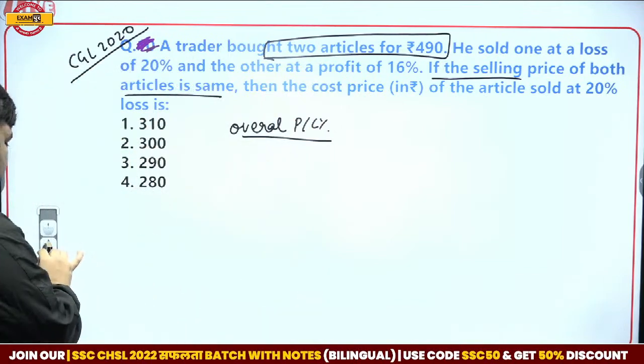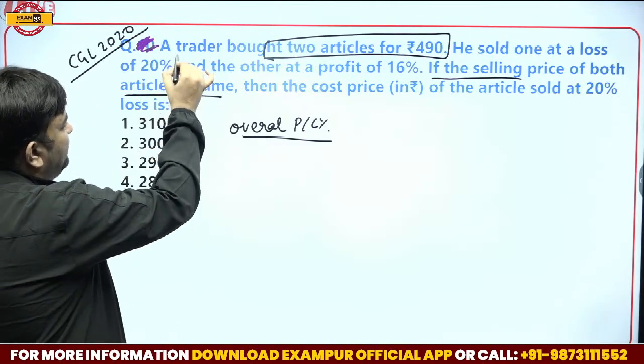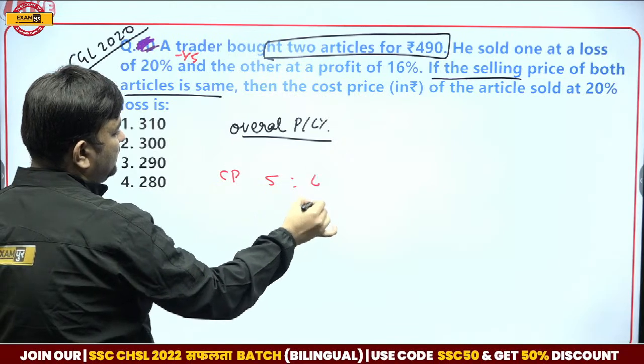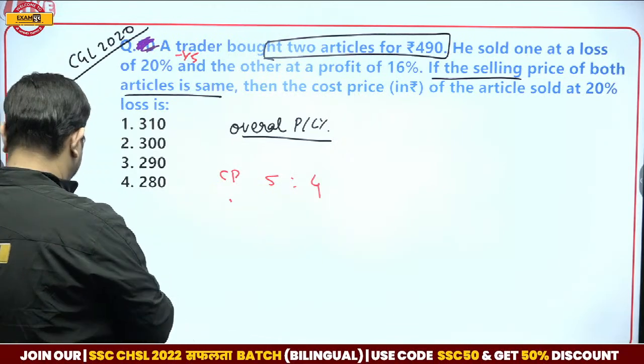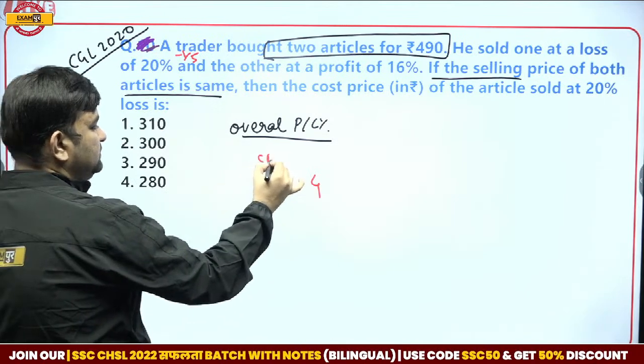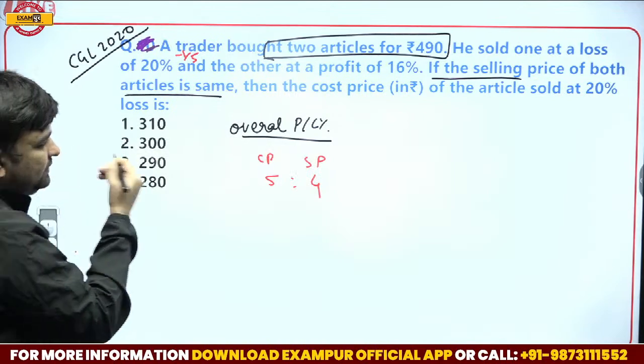So we will go with the ratios. First, loss of 20%, loss of 1 over 5, so 5 sold for 4. And second, profit of 16%.